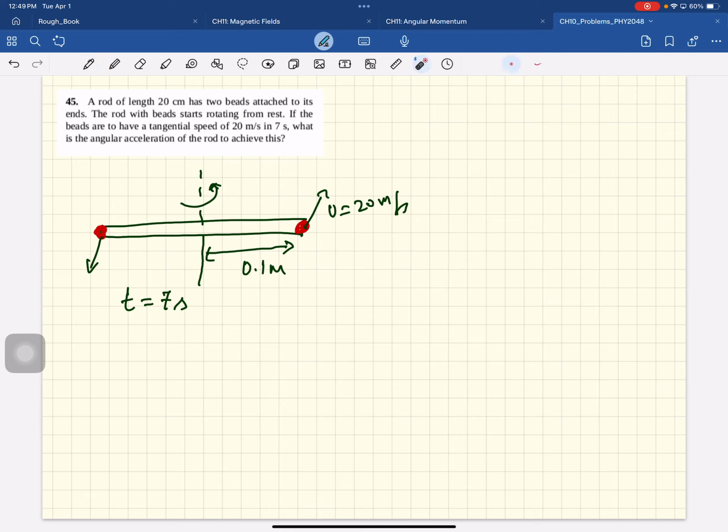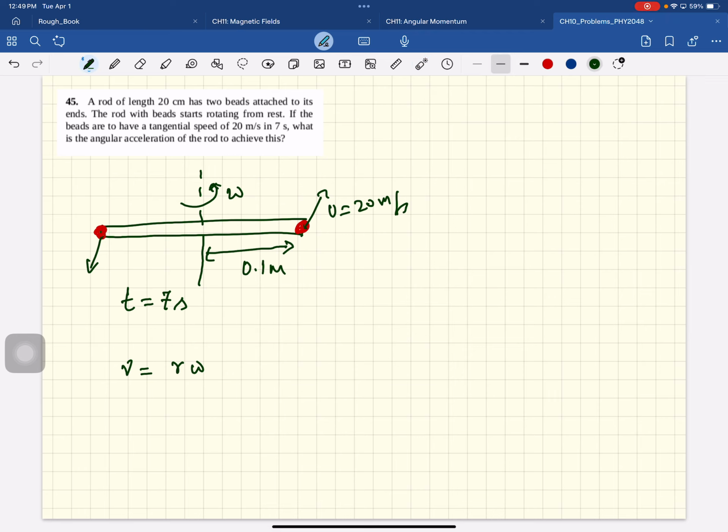Okay, so these linear speeds are related to angular speed, like v is r omega. And in these formulas where linear speeds are related to angular speed, what are the units for this guy? Radians per second. All angles have to be in radians, okay?